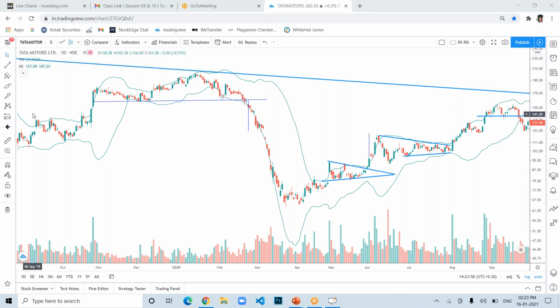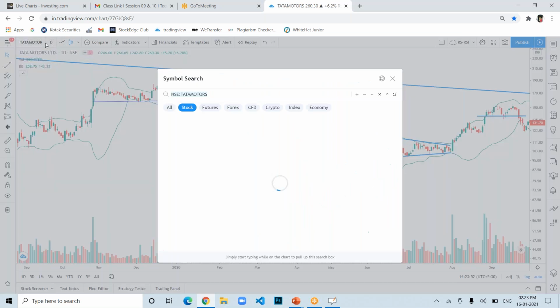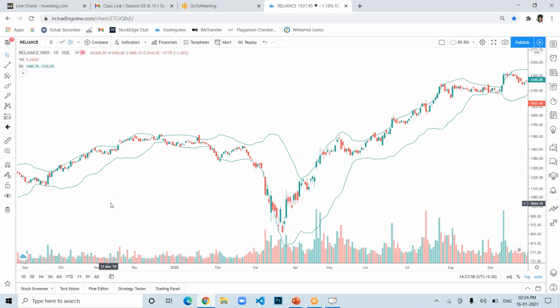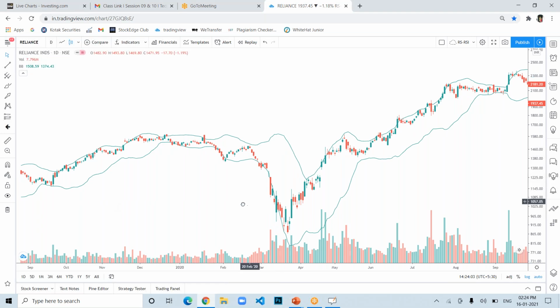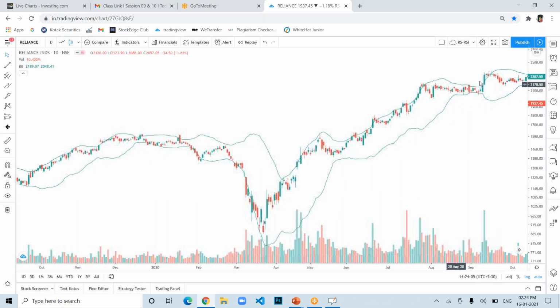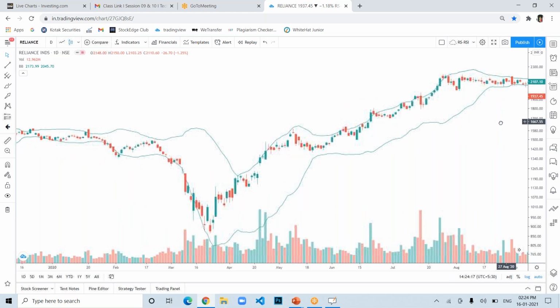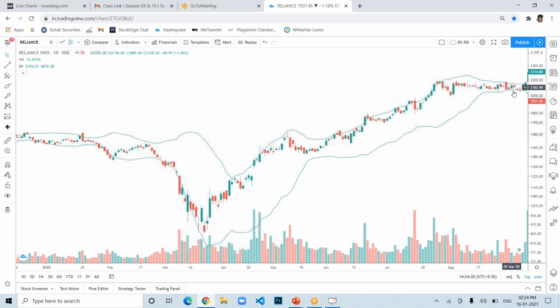Let us look at another example. Oh, see, such a nice pinch I just saw. See here. Can you see here? The upper band is coming down, the lower band is going up, and look at the volatility. It has really contracted over here.